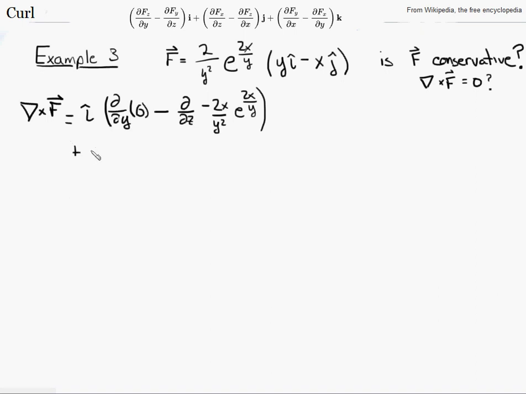The j part, j hat direction. Alright, so we start with the z part, d dz.